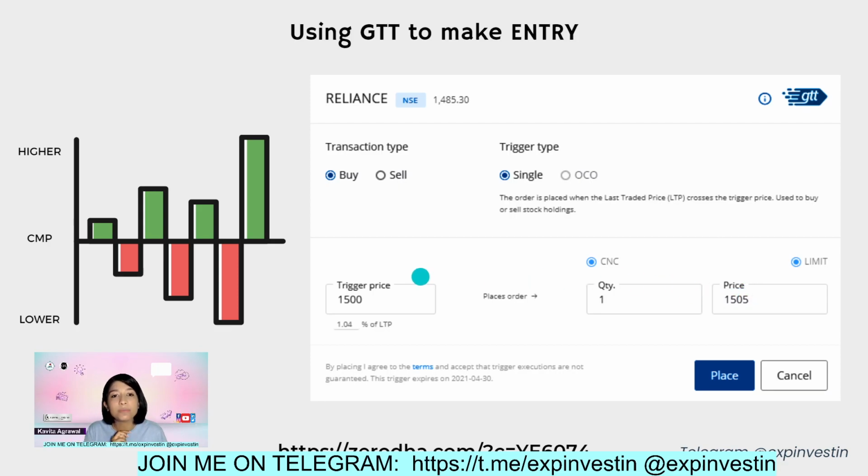Okay, now as a positional trader, what I prefer to do is this. When I want to purchase a stock, say Reliance right now is at around 2200. Excuse my handwriting. I have studied the chart and I think that Reliance will go down to around 2050.